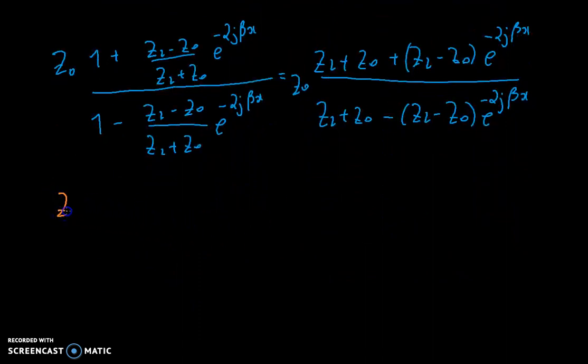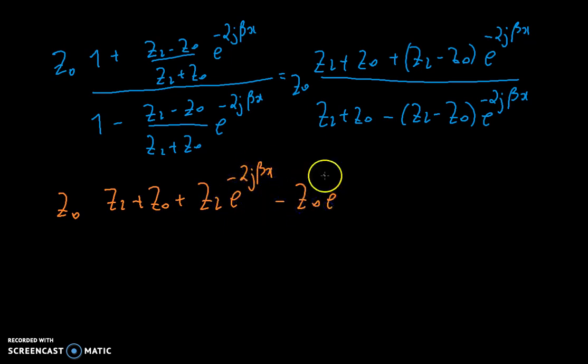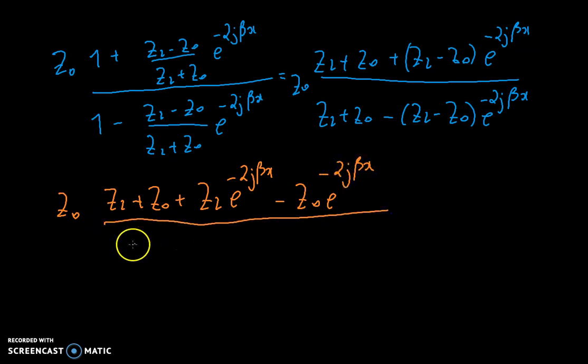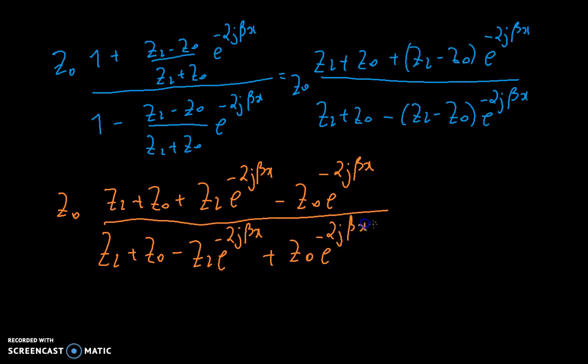So now this is equal to Z naught times ZL plus Z naught plus ZL times e to the minus 2j beta x minus Z naught times e to the minus 2j beta x, divided by ZL plus Z naught minus ZL e to the minus 2j beta x plus Z naught e to the minus 2j beta x.